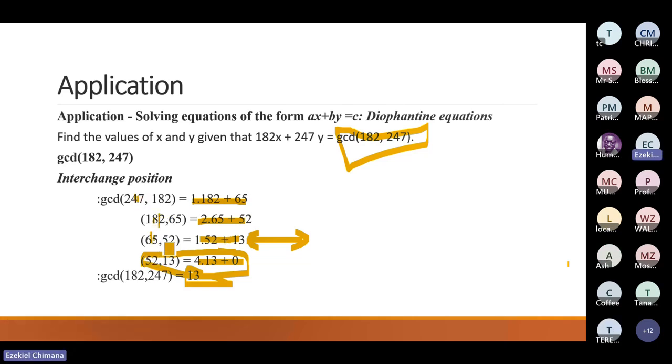So when you are backtracking, or reversing this algorithm, you start here and write everything in terms of this A, which means in terms of 65, 182, up to here. When you get to this 247, you'll have something in this form, say 182x plus 247y will be equal to 13.